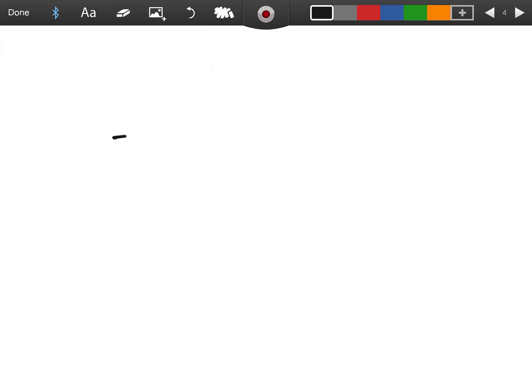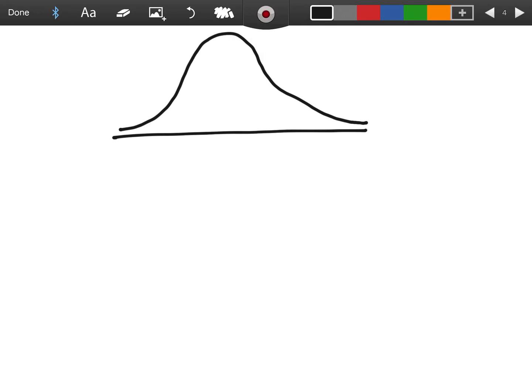So let's draw ourselves a quick normal distribution curve. Your mean is in the middle, and let's say we go two standard deviations either side of the mean. I'm going to call that standard deviations of my sample means.